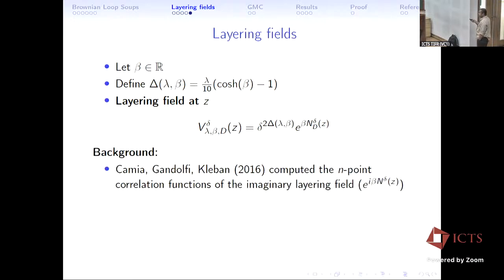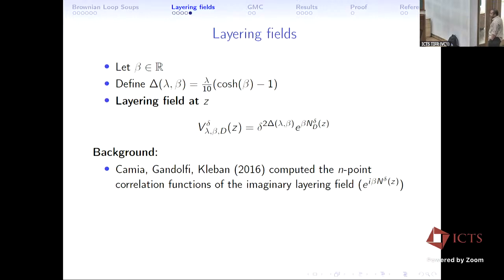And okay, so here is a little bit of background. So this was first considered by Kamiya, Gandolfi, and Kleban, who computed the endpoint correlation functions and showed that the correlation functions are conformally covariant for the imaginary layering field. So this is e to the power i beta n delta of z. So this is the real valued layering field because there is no i here.